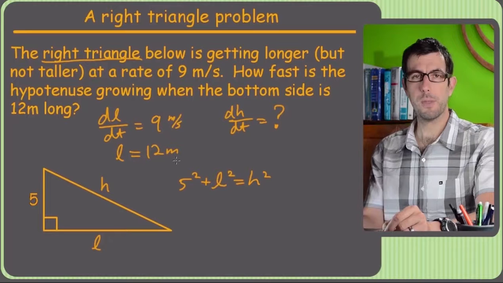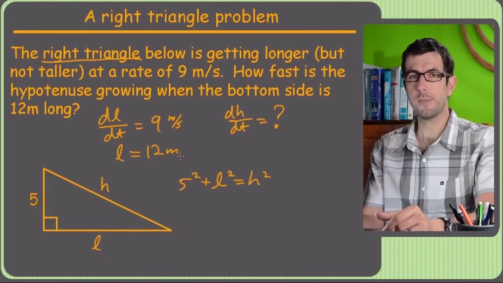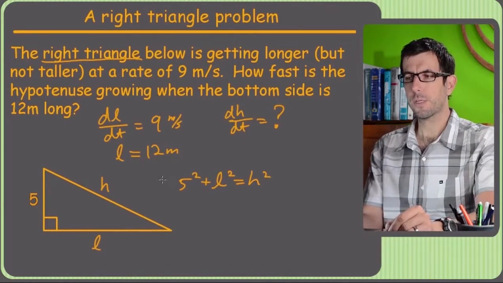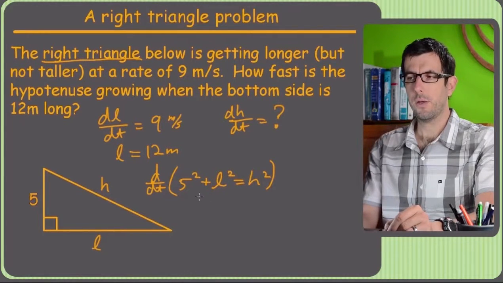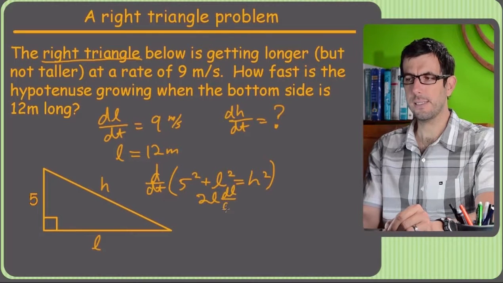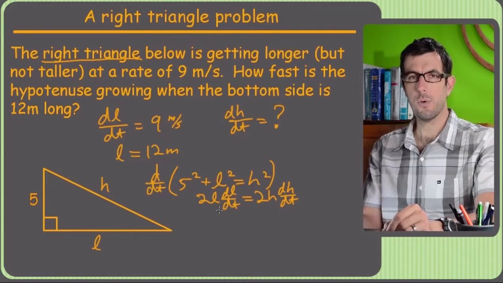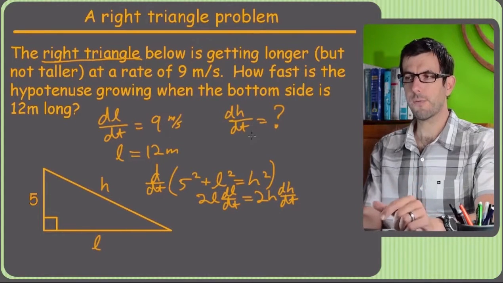All right, so once we have a formula with related rates problems, the next step is always to take the derivative of it. So we're just going to differentiate this whole thing with respect to t. Derivative of 25 is 0. Derivative of L squared would be 2L times dL/dt. And that's going to equal 2h dh/dt. All right, so now we have a bunch of letters, and the one we're solving for is dh/dt.